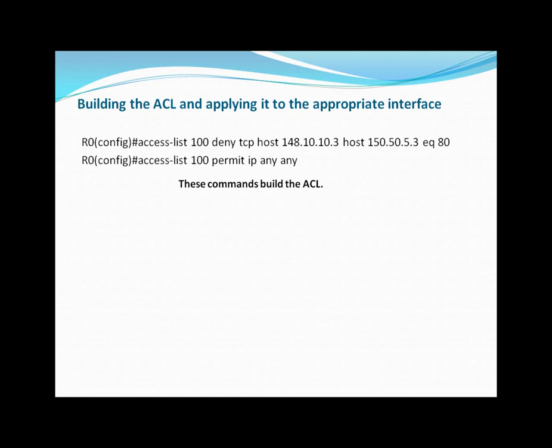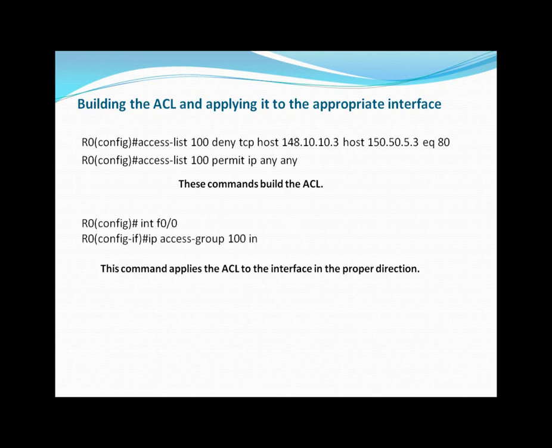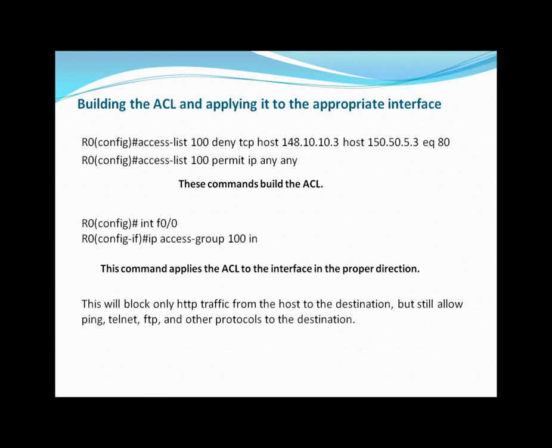These commands build the ACL. Interface fast Ethernet 00, type IP access-group 100 in. This command applies the ACL to the interface in the proper direction. This will block only HTTP traffic from the host to the destination, but still allow ping, telnet, FTP, and other protocols to the destination.